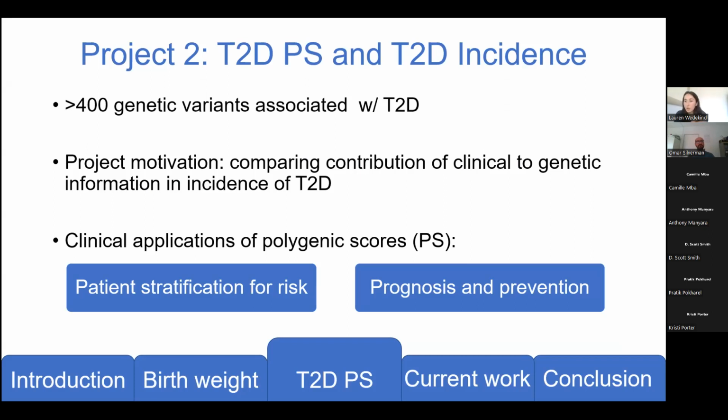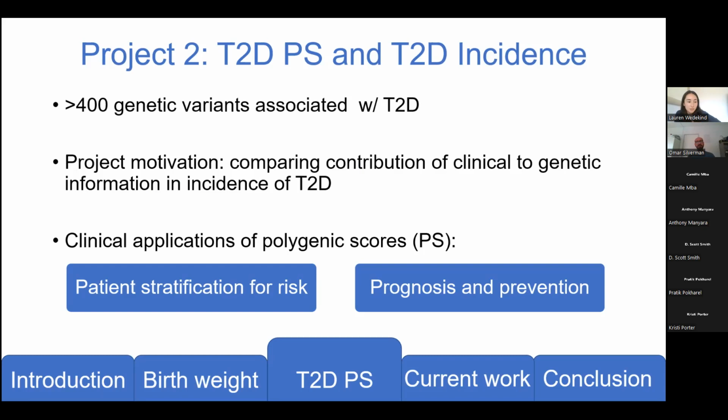But basically, why we would do this type of analysis is to compare the contribution of clinical variables that you could get measured in a doctor's office to genetic information that's distilled down into a polygenic score to predict the incidence of type 2 diabetes later in life. So what could that be used for?